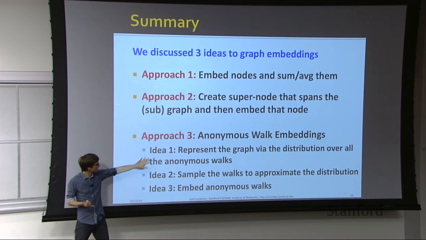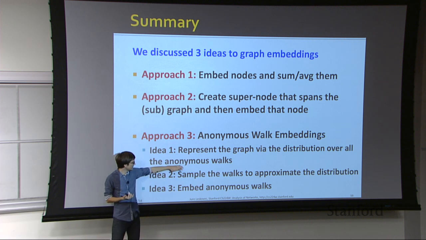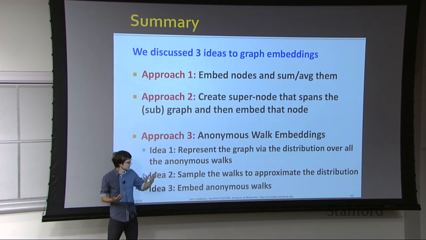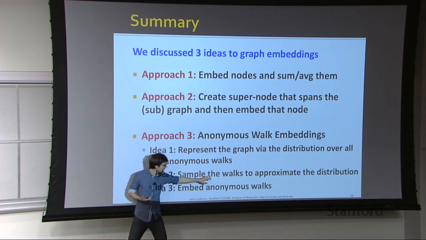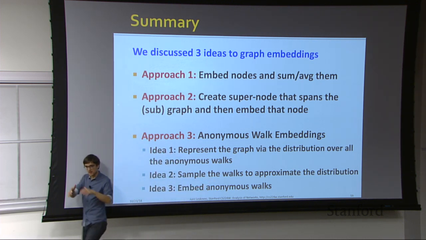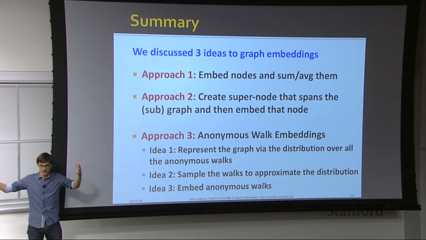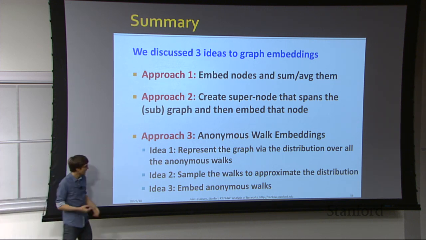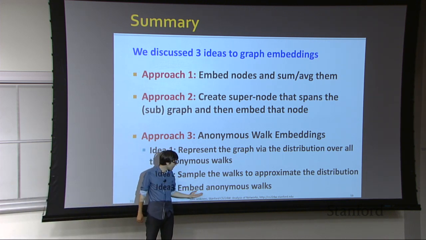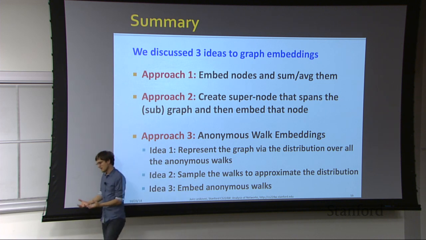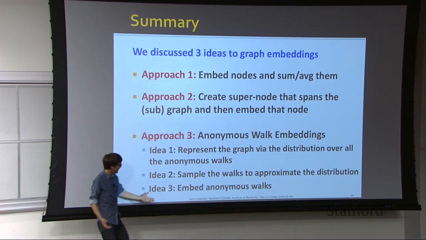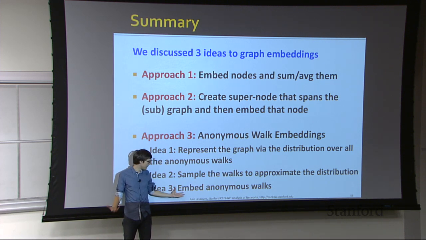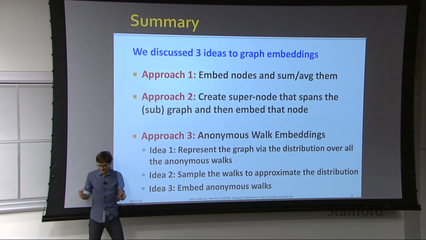So you could either represent the graph with the distribution over the anonymous walks, which is computationally intractable. Idea 2 is to sample the walks, anonymize them, and then measure the distribution over these sampled random walks. And then idea number 3 is to embed anonymous walks. And then when you ask how to embed the graph, you aggregate the embeddings of the anonymous walks, and this gives you the embedding for the graph.